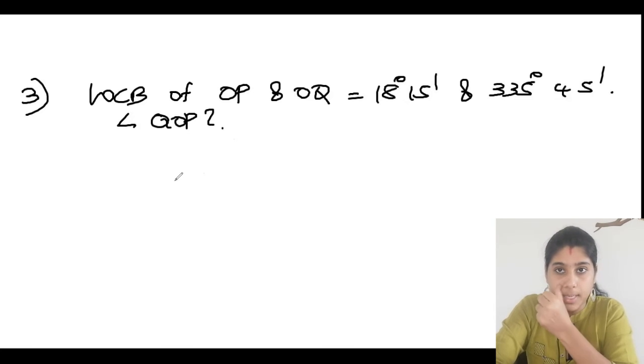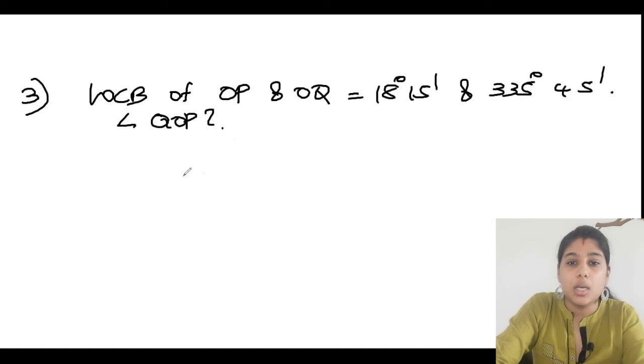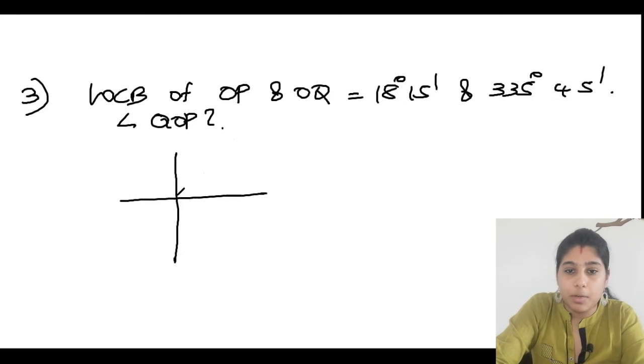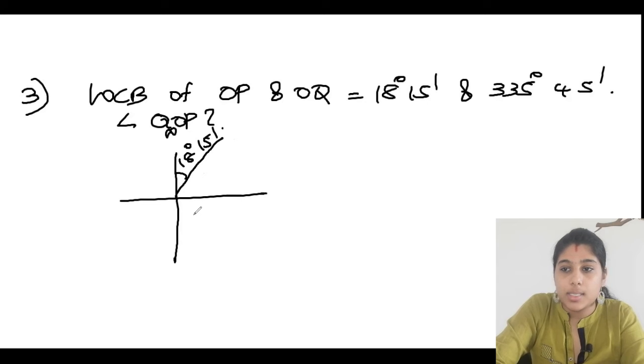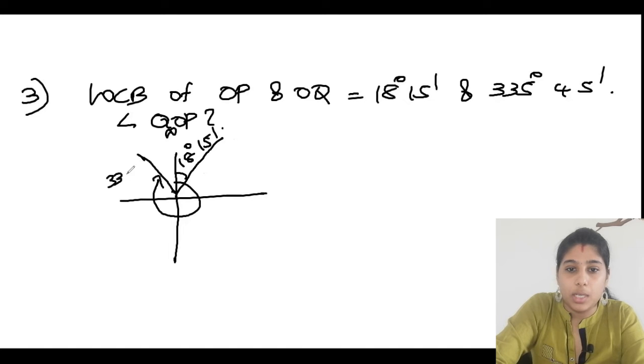Those who have missed that part, please go back and rewatch the session. 18 degrees 15 minutes lies in the first quadrant. As it is whole circle bearing, we have to measure from the north. Then the next is 335, which comes in this quadrant, so the total is 335 degrees 45 minutes. So this is OP and this is OQ.